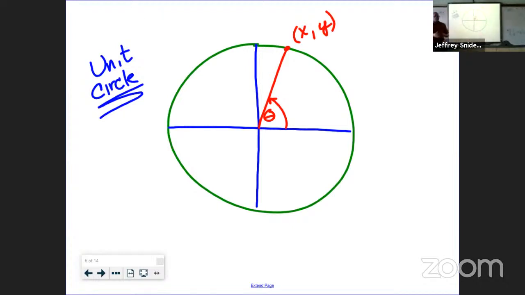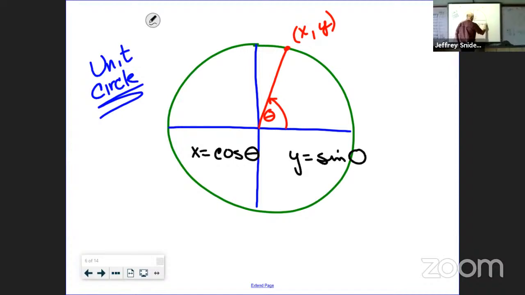What did we say yesterday we can do to find x and y? Right? Yep. We said yesterday that x was the cosine of theta and y was the sine of theta. Okay? That's what we said yesterday.